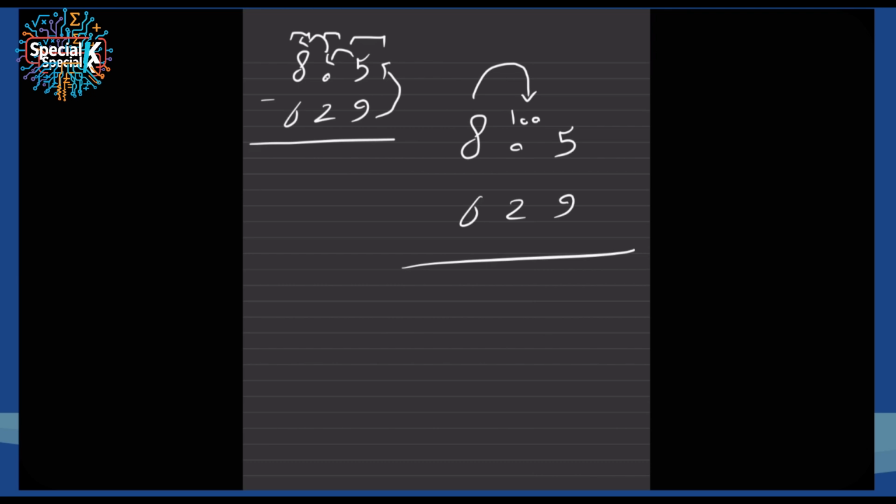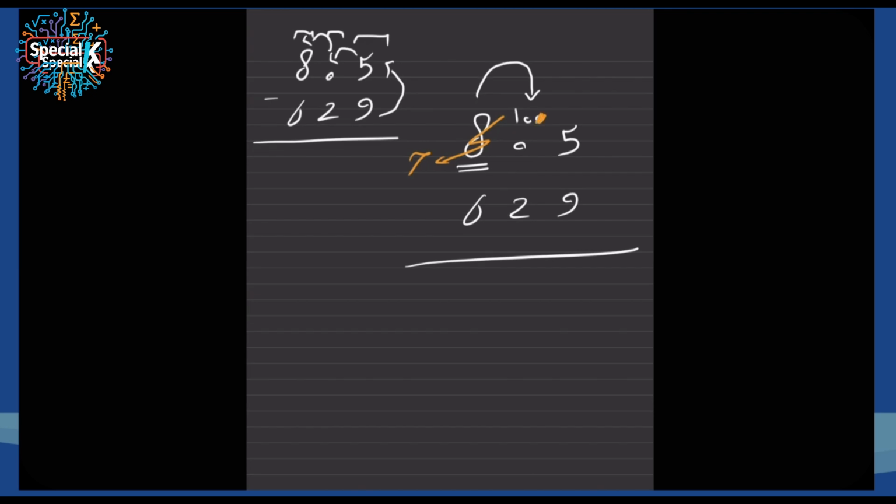What does that mean, 100? As we know, the place value of 8 was 800. So if I borrow one out of it, my 8 is going to be converted to 7, and my 0 is going to be converted to 100. But if I put the 100 in the place value of 10, it is going to be converted to 10.